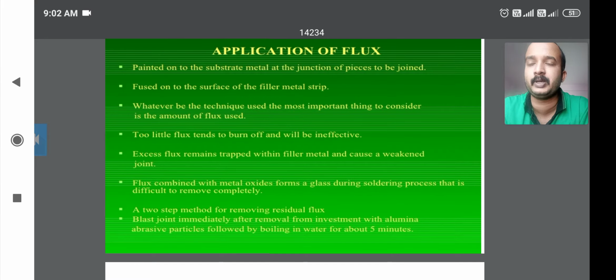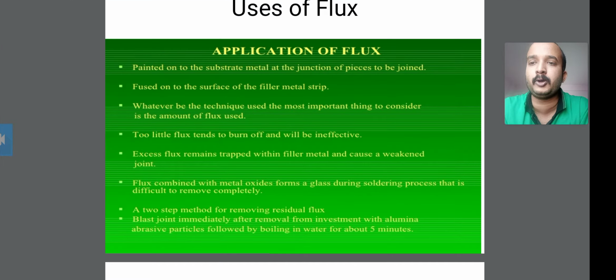The first point says that flux is painted onto the substrate metal at the junction of the pieces to be joined. You take the substrate metal and paint the flux on it at the junction of the pieces you have to join.